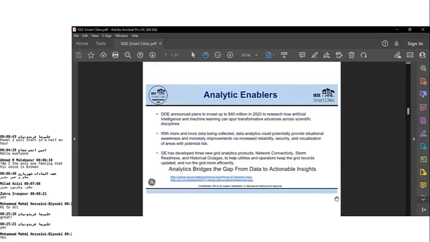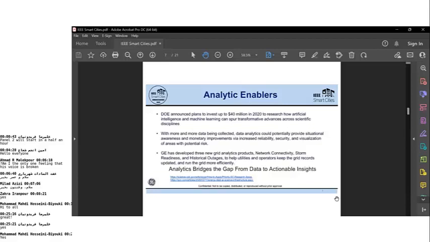That helps electric utilities, researchers, and national labs work together to come up with methodologies and new analytics to turn this big data into actionable items for electric utilities. We believe this could potentially provide situational awareness and help monitor improvements for reliability, security, customer satisfaction, and whatnot.